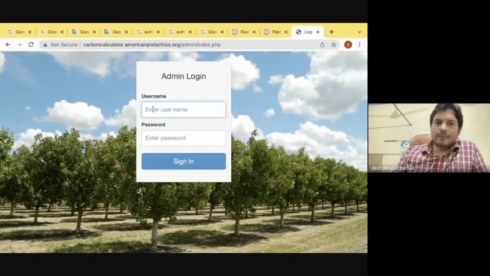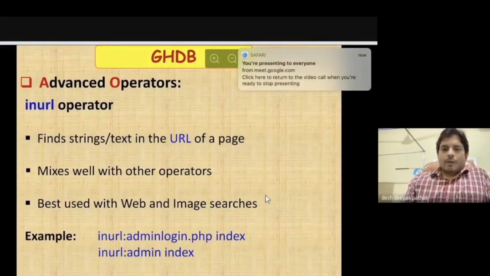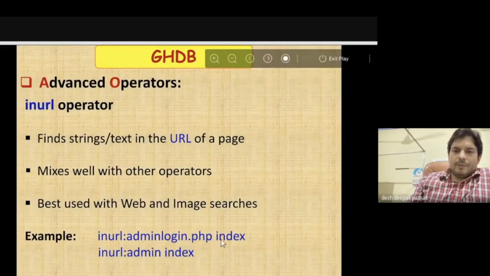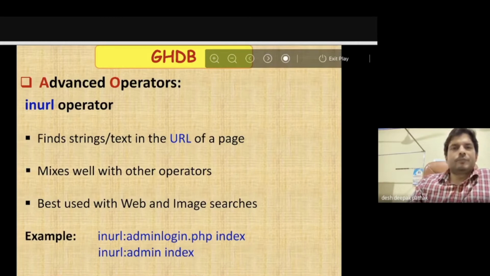I have just bypassed by passing SQL injection queries, and this admin page is easily cracked. You can also try inurl admin login.php to show the admin pages of different websites, and you can easily bypass a number of websites with the help of SQL injection attack.